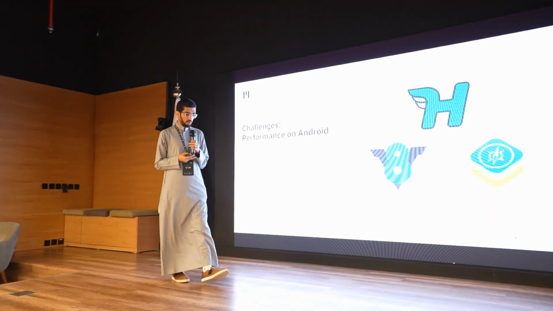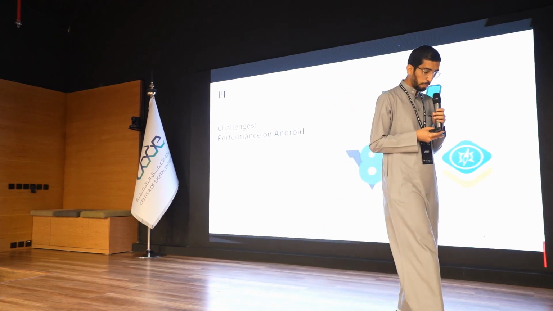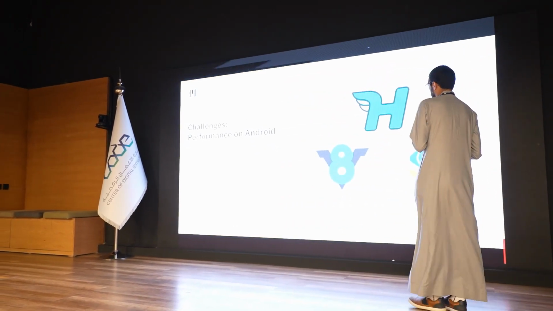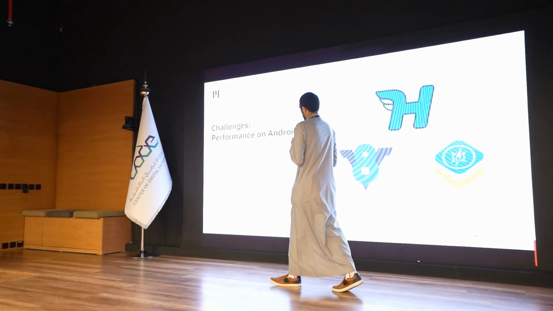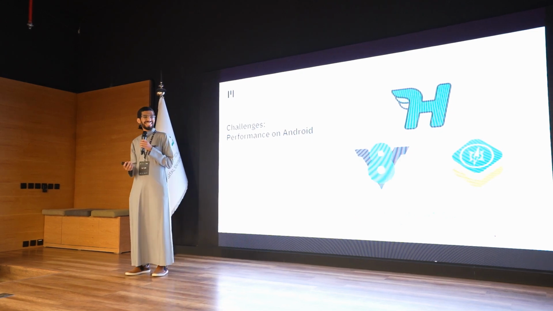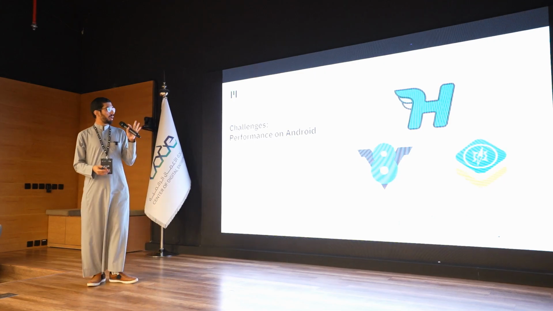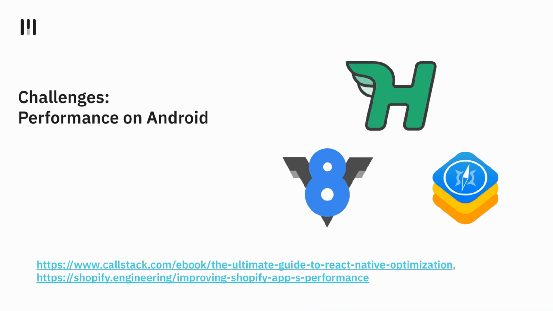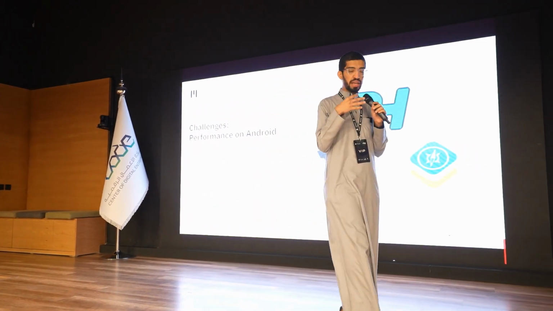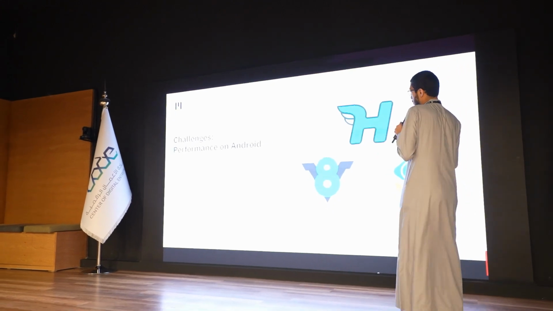Lastly, performance on Android using React Native is not the best. Before saying this, we have said that React Native produces native components and so on, but to display them, to give them style and layout, React Native uses JavaScript.